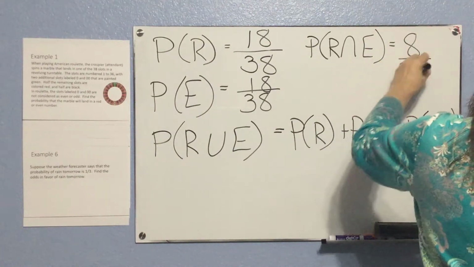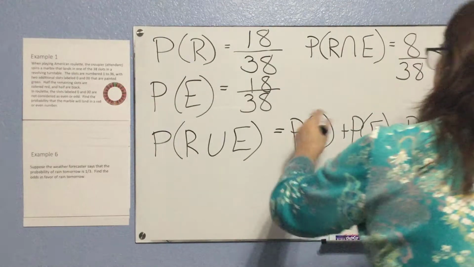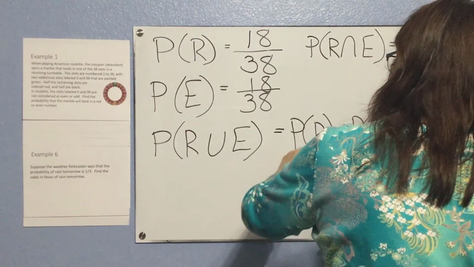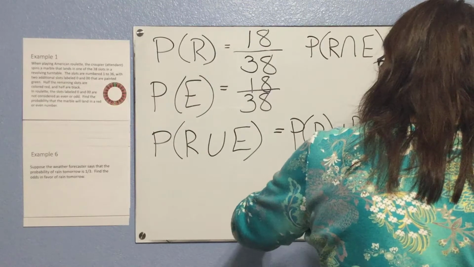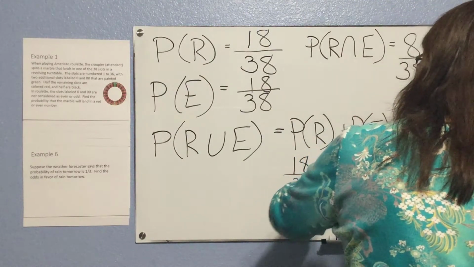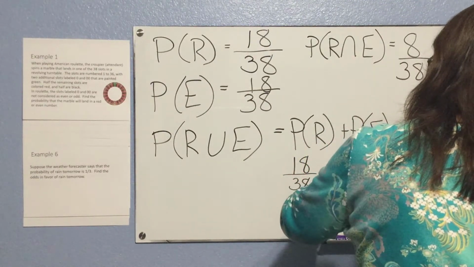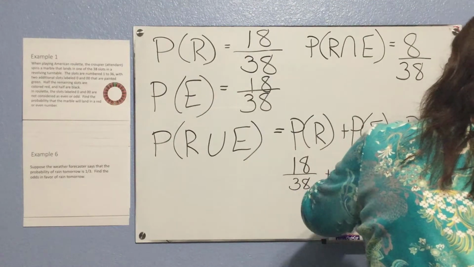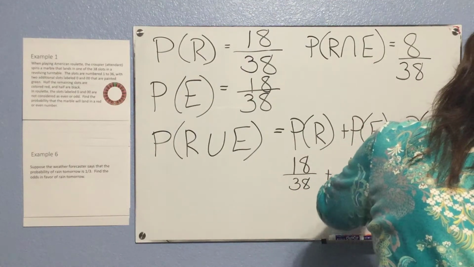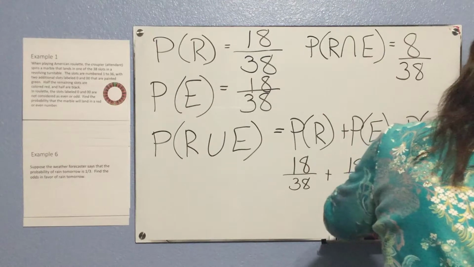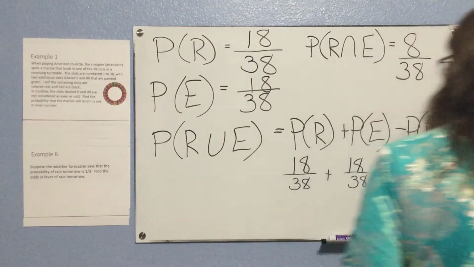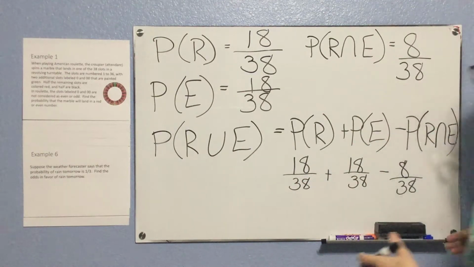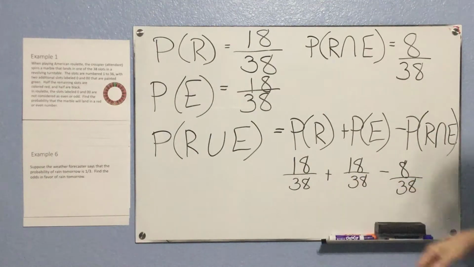out of 38. So we're going to substitute numbers here. We've got 18 over 38 plus another 18 over 38 minus 8 over 38. If you wanted to make this a little simpler, you could leave out the 38s until after you've done the addition and subtraction.